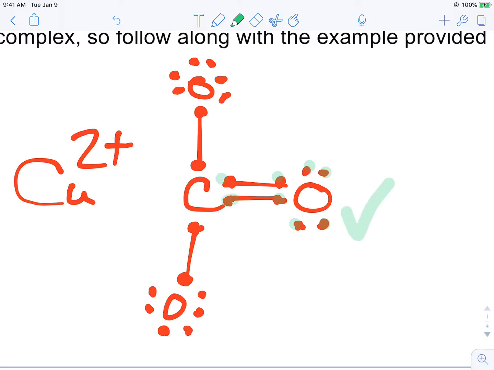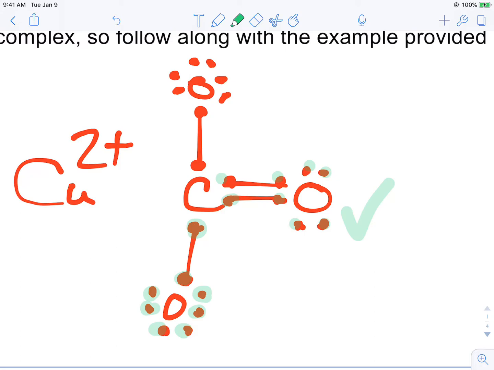But if we look at the other two, they want to have normally 6 electrons immediately surrounding the atom. But if we look at our dots, we have 7 immediately surrounding each oxygen. But it has bonded to 1 on each side.